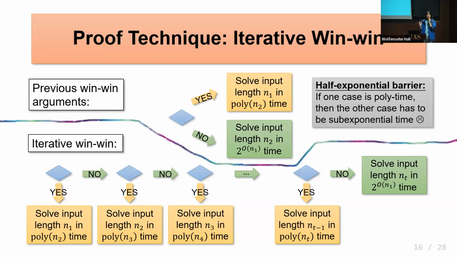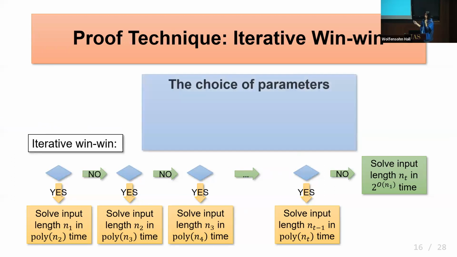Yes, I believe so. So I am going to show it now. If you just want a polynomial time algorithm, then you can choose N_i to be a large polynomial of N_{i-1}.